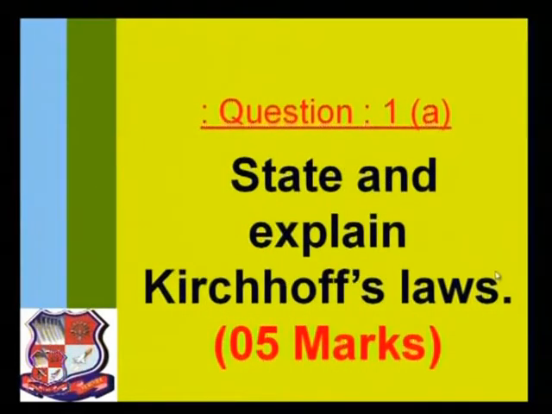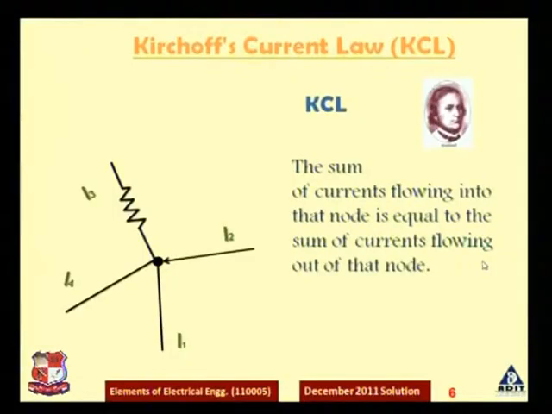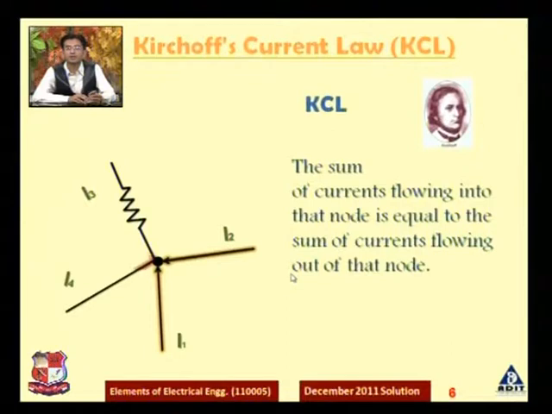Question number 1A says: explain the Kirchhoff laws. Kirchhoff's current law states that the current flowing into a node or junction is equal to the sum of the current flowing out of that node. In this diagram, you can see that there are 2 currents coming into the junction and 2 currents going out of the junction.